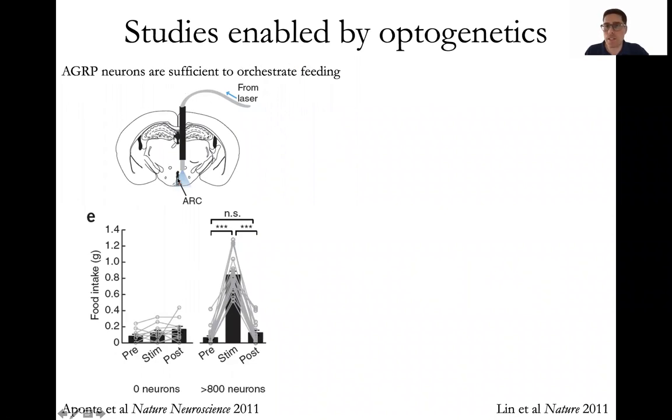And it's not just that it's this part of the brain. They had to hit particularly the AGRP neurons in that part of the brain, which they had genetic access to, meaning they could express opsin in only those particular neurons and not the other neurons also in the hypothalamus. And it's that level of precision that really, I think, showcases, again, the utility of in vivo optogenetics and how it's helping us understand circuits.